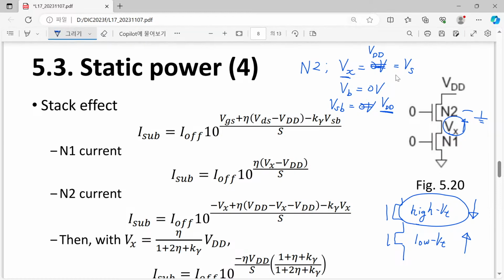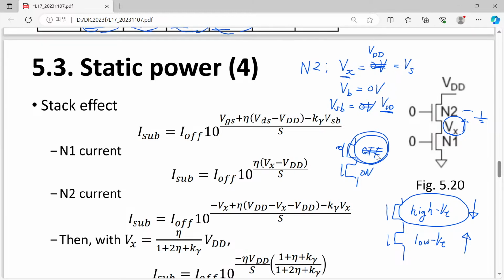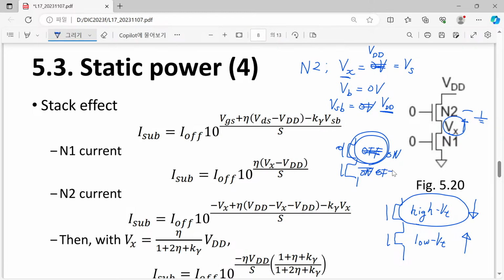So please think about our NMOS inverter once again. Here we have transistors, and say that this is off and on. Which one determines the off current, the overall path current? This one determines the current. So if we have the situation like this one, then which one determines the current?